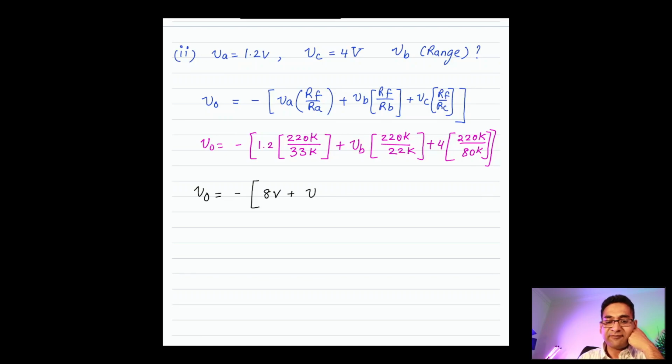There you go: VB times 10 plus 11. This evaluates to 11, this evaluates to 10 times VB, and this evaluates to 8 volts. Don't trust me? Plug them into your calculator. Now let's see.